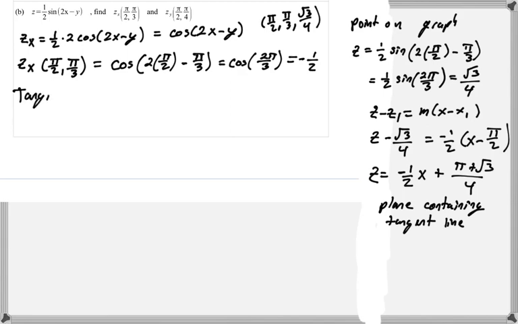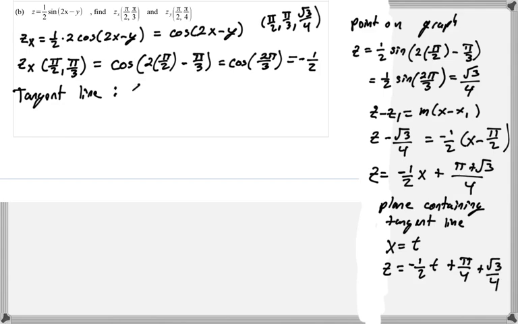All right. Now, if we want to actually come up with the tangent line, we're going to parameterize here, and so we're going to let x equal t, and z is going to be the slope of negative 1/2 t, and so I'm coming up with a parameterization.